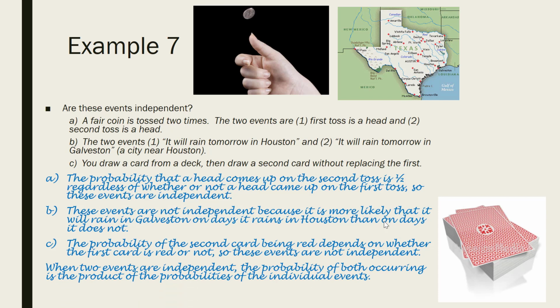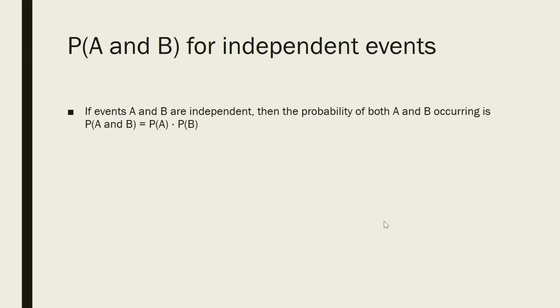When 2 events are independent, the probability of both occurring is the product of the probabilities of the individual events. Here's the formula on this slide. We say probability of A and B for independent events.